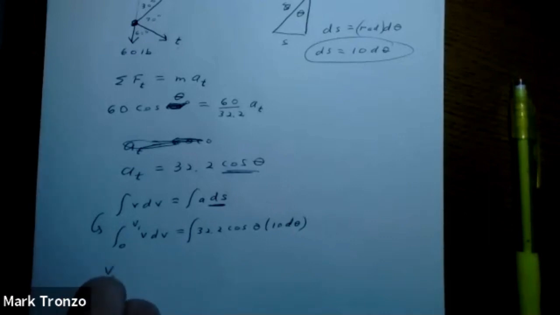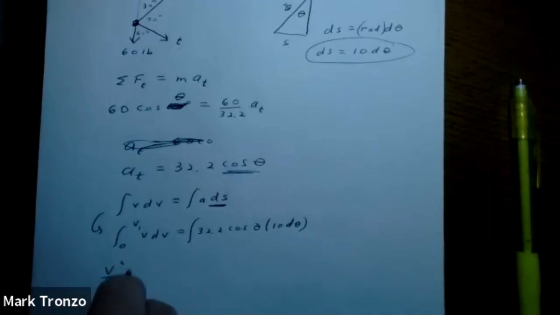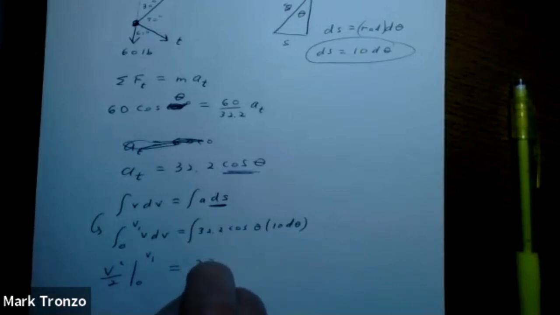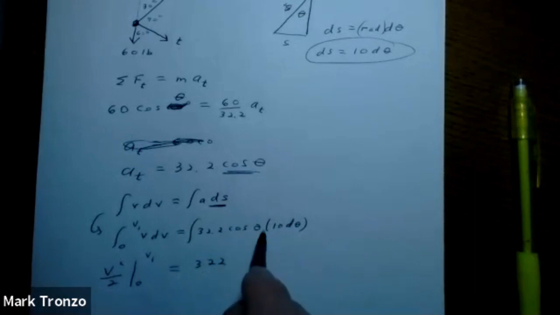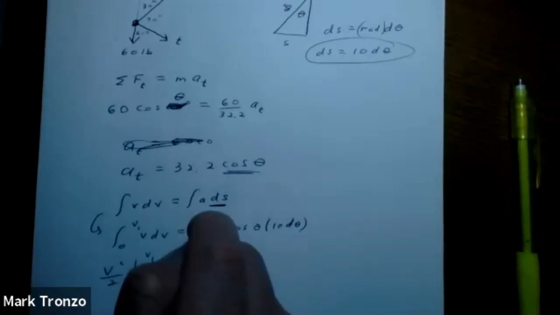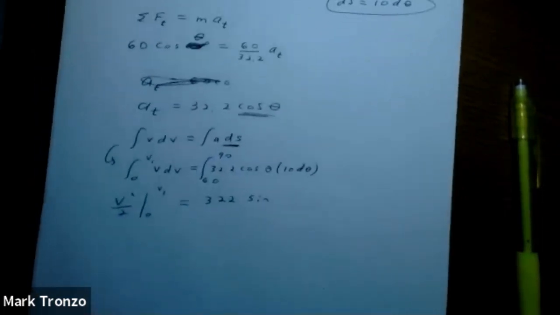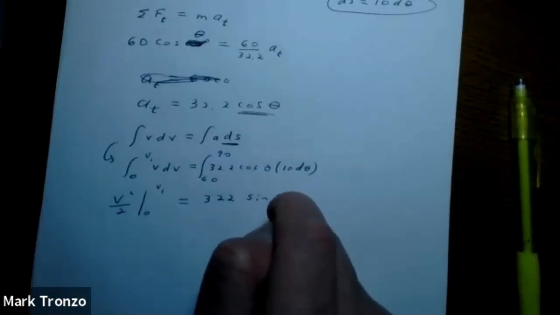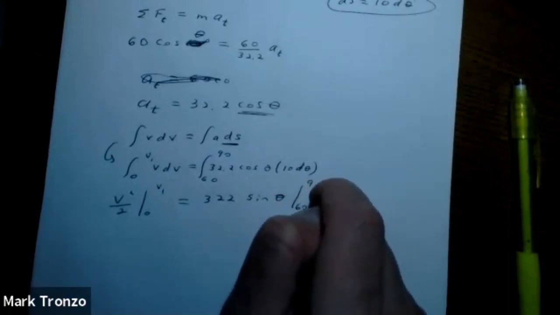It's going to be v squared over 2, 0 to v1. And the right-hand side is going to be 322 when we multiply by 10. And then the integral of the cosine is going to be positive sine. And that's going to be from, the problem's asking for 60 to 90, like this, and then sine of theta evaluated at 60 to 90.